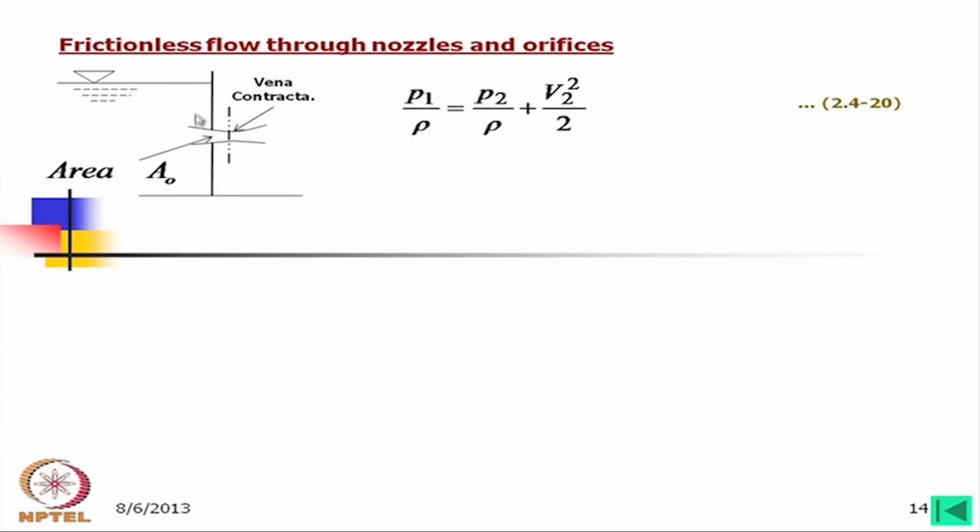We are considering this area a little away on the left side from the orifice, and then we are considering the velocity V2 at the vena contracta. Then this equation can be written in this form. That means velocity here we can write as square root of 2 by rho into (P1 minus P2).